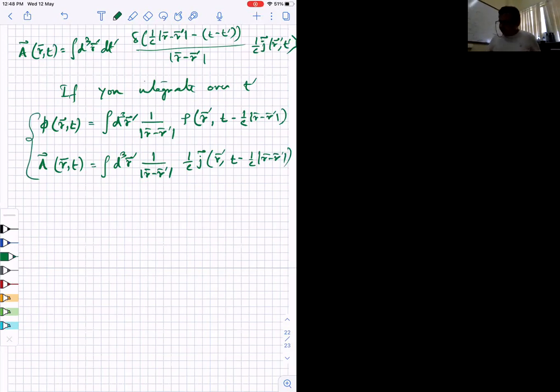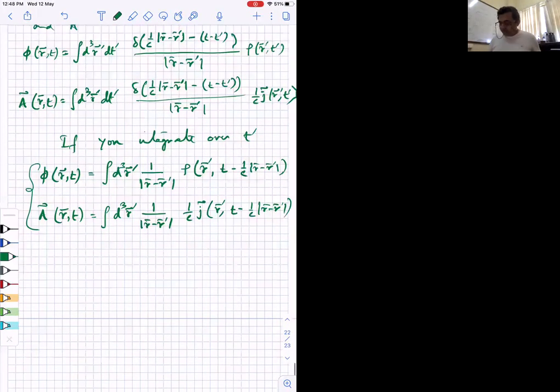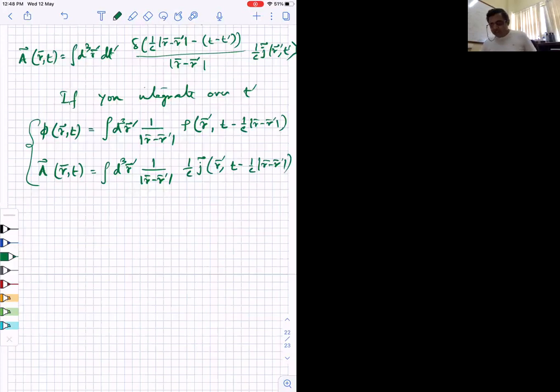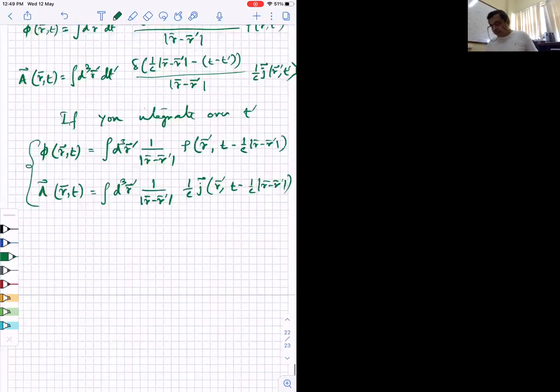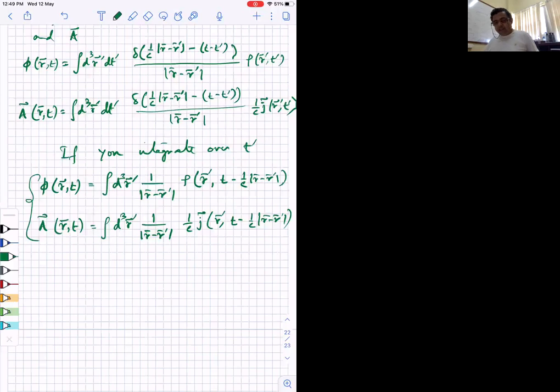So what you are seeing is that your potential at time t is due to whatever the charge was at a previous time, where the relation between the present time t and the previous time t prime is governed by t prime being t minus 1 by c, r minus r prime.